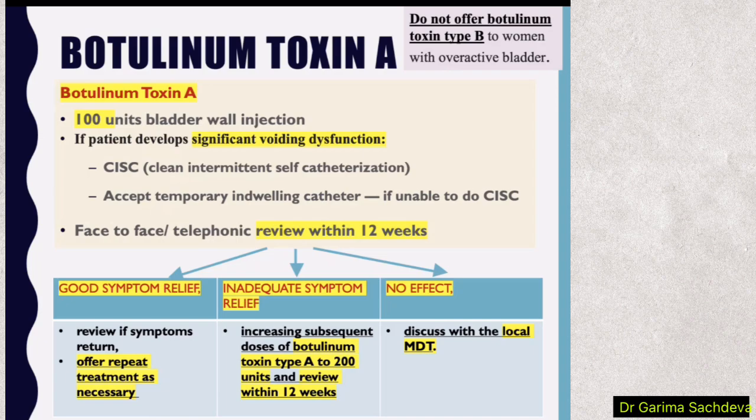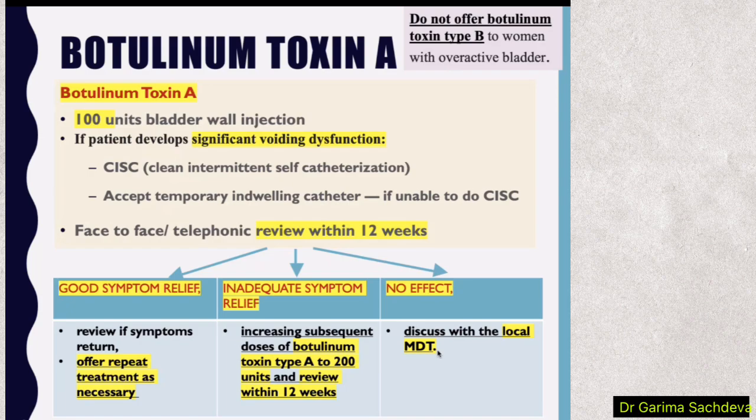In case there is good symptom relief and she's asymptomatic, you do not give any further injection. You tell them that whenever they have another episode of similar symptoms, you will repeat it. You repeat treatment only if necessary, because it is already relieved.